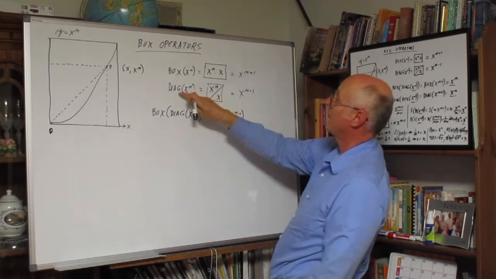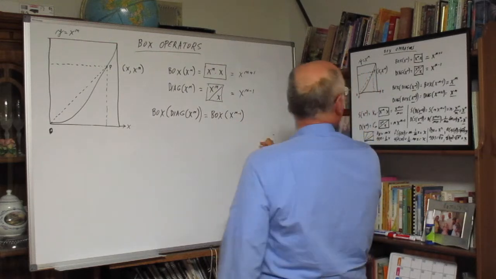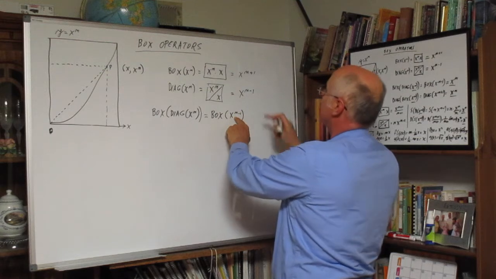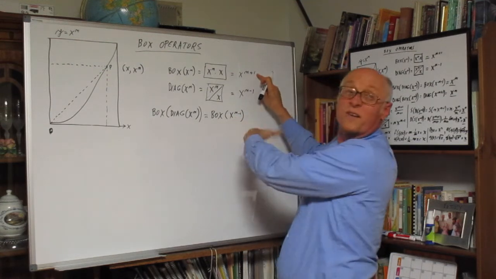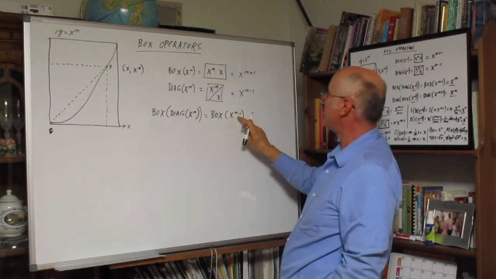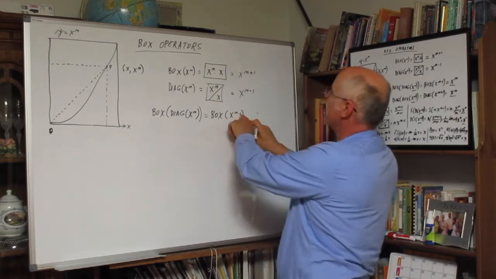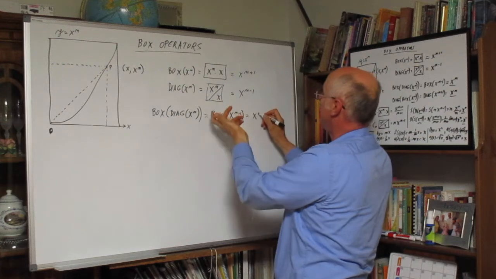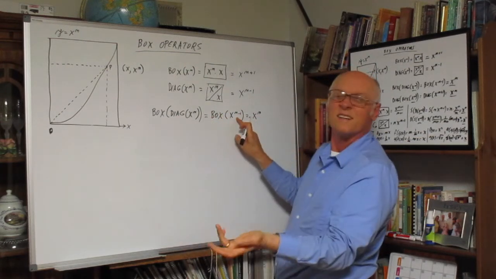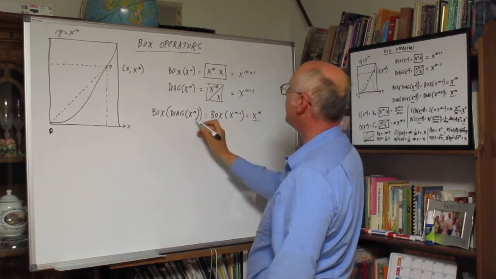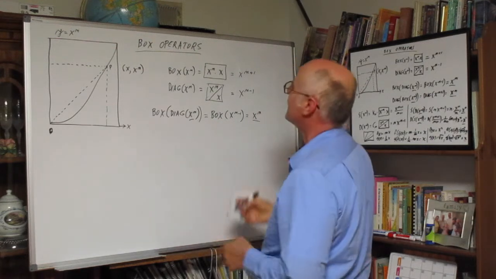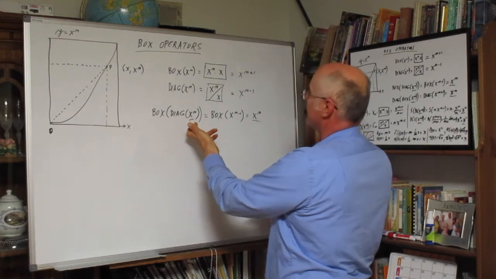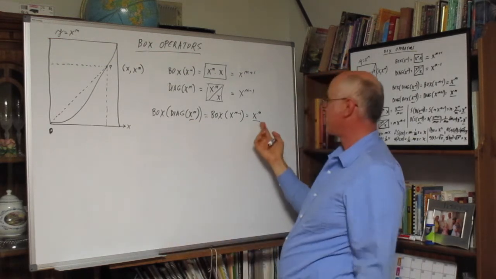You plug that in. But now, take the box of this thing, and that means raise it by 1 power, right? You see it? You start with n minus 1, and now that equals n minus 1 plus 1, so you're back to the x to the n. And so notice, they're inverse as far as you started out with this thing, and you end up with this same function.